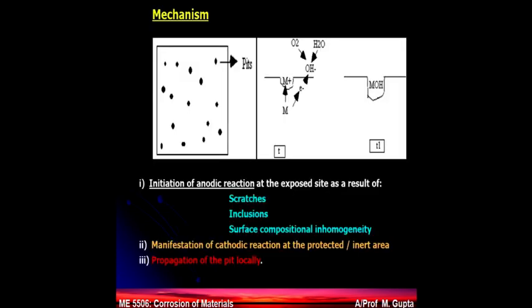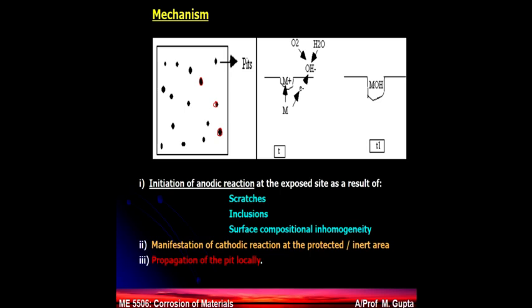Essentially, on the surface, either visually or under high magnification, you will see some kind of small holes, elliptical, circular, and so on. These are the pits, which are typically revealed by a material undergoing pitting corrosion.